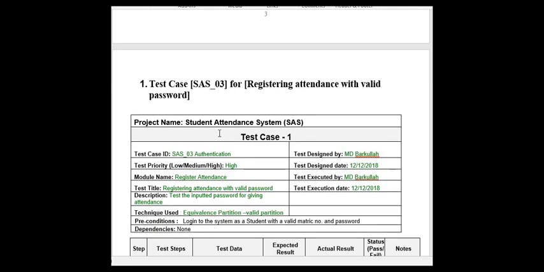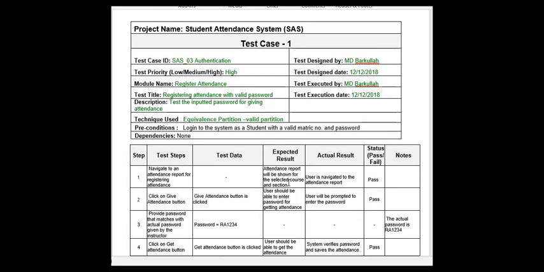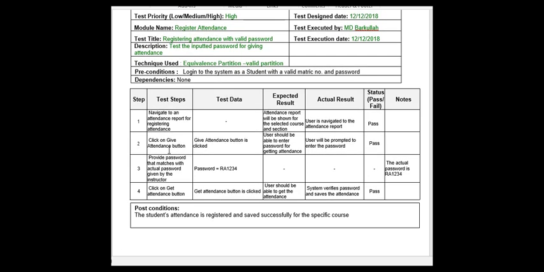And now the third one is registering attendance with valid password. When the instructor generates the password, the student will have to input the actual password that matches the instructor's generated password. So first he will navigate to the attendance report, then he will click on the give attendance button, and then he will provide the password.